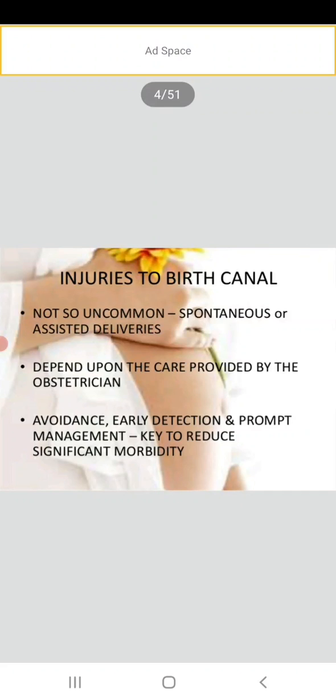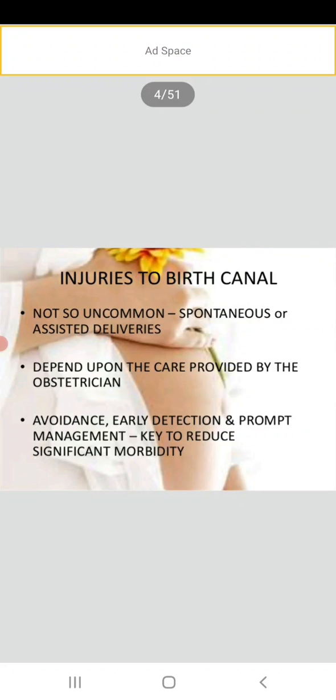Not giving timely episiotomy can cause injury. Episiotomy means we are cutting the vaginal opening to widen it, so the baby can be delivered easily. That is, we are creating a wound, which is called an episiotomy. So if episiotomy is not given on time, a perineal tear may occur.